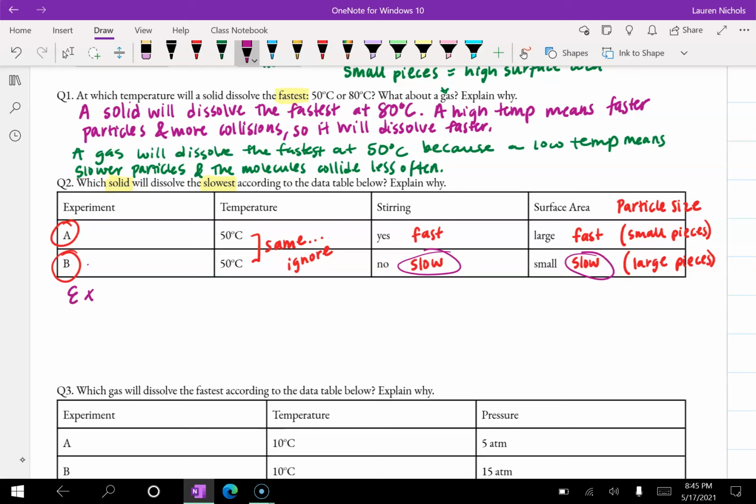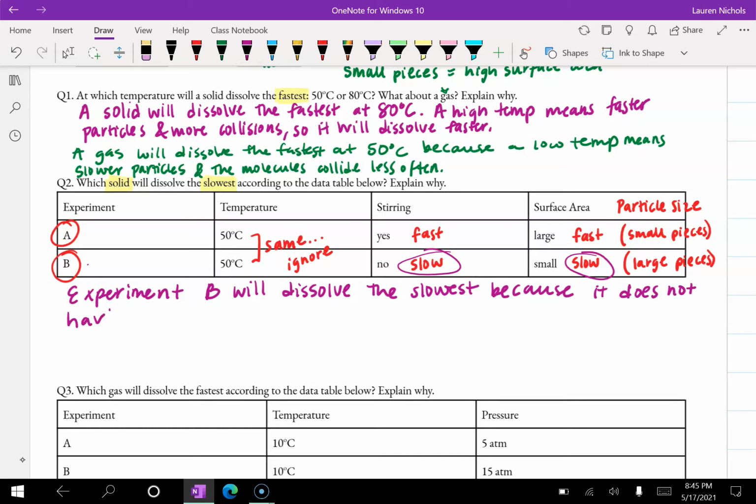So we can say that experiment B will dissolve the slowest because it does not have stirring and there is a small surface area.